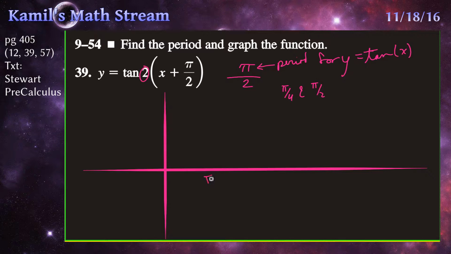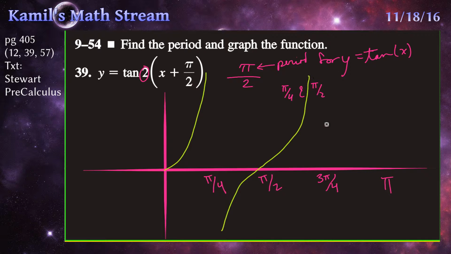So pi over 4, we can put that there. Pi over 2, 3 pi over 4, and then pi. Right, okay. I'm gonna go for pink lemonade look. And then again. Oh, no, that's not what it is.